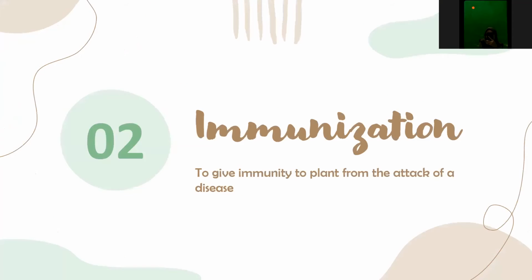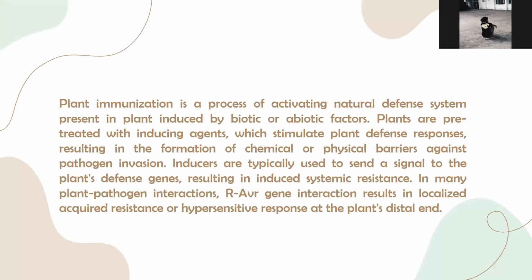The next is immunization. Immunization is to give immunity to plants from the attack of a disease. Plant immunization is a process of activating the natural defense system present in plants, induced by biotic or abiotic factors. Plants are treated with inducing agents which stimulate plant defense response, resulting in formation of chemical or physical barriers against pathogen infection.